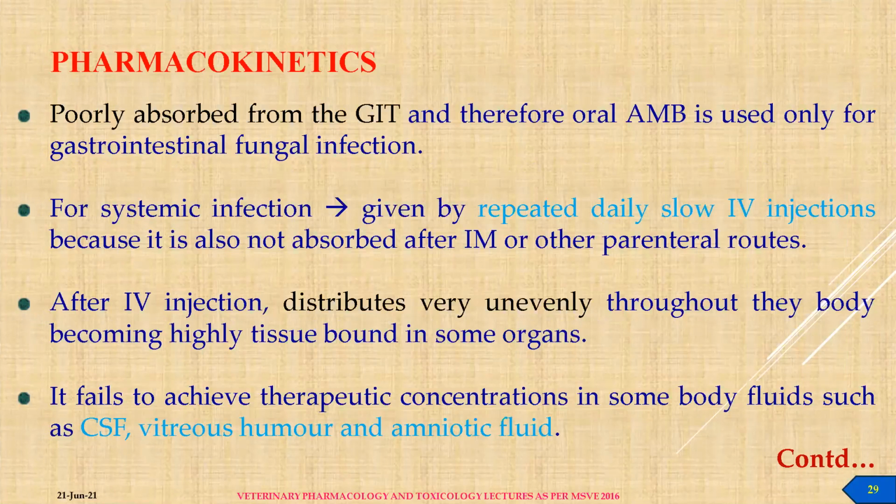In the gastrointestinal tract, fungi often cause infections, especially in case of SIBO, that is small intestinal bacterial overgrowth of all organisms, including fungi. For systemic infection, it is given by repeated daily slow IV injections, because it is not absorbed after IM or other parenteral routes. So it is only administered by IV injection, because in other routes the absorption is erratic.